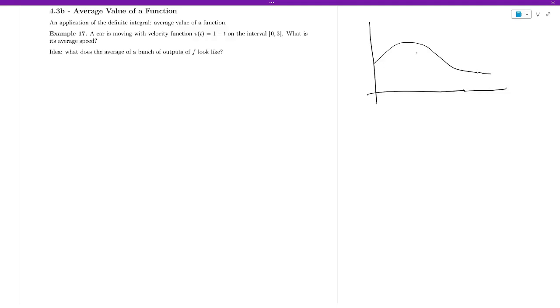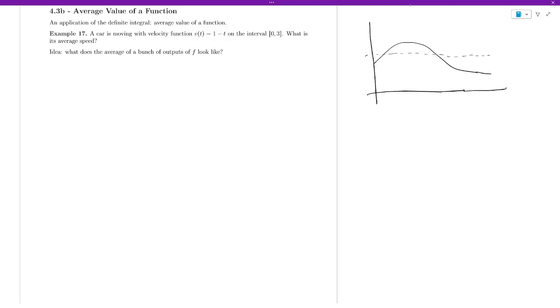Well, if I'm going fast for a long time, that should pull up the average. If I'm going slower for less time, that doesn't affect it as much. So it's something like, maybe this? Maybe that's my average speed? So we're going to be thinking of average speed as the most in-between-ish y value over all the y values, but weighted by how long you're doing it, right?